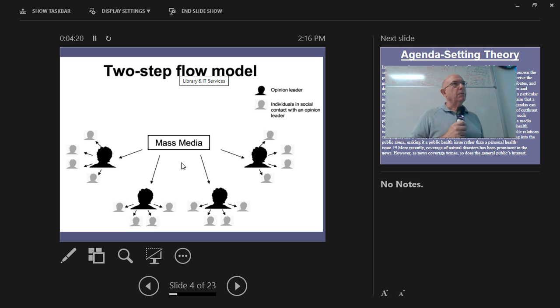You might say it had a direct effect on opinion leaders, but they brought in their own opinions, their own prejudices as well, their own insights. And so what came out from them to their friends and those that depended on them for guidance in politics or whatever else it might be, was somewhat different than what was coming through the mass media.